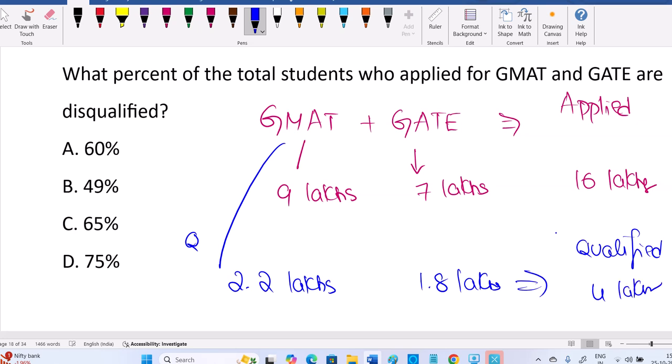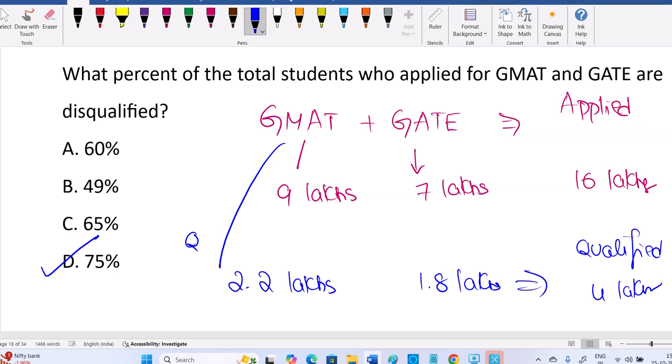So 25% are qualified, 75% not qualified. How 25%? 4 lakhs out of 16. 4 out of 16 means 1 by 4, which is 25%. 25% qualified, 75% disqualified. Disqualified is applied minus qualified, 12 lakhs.